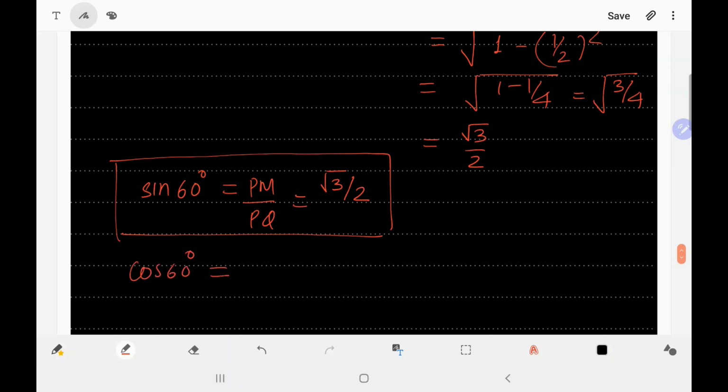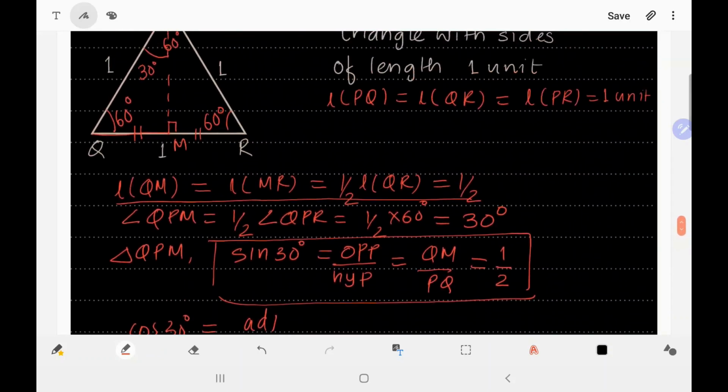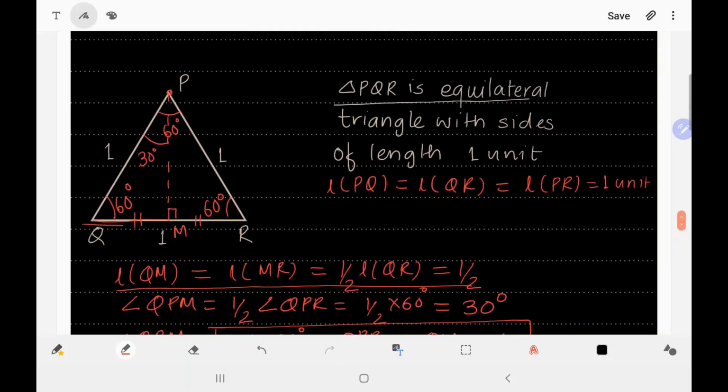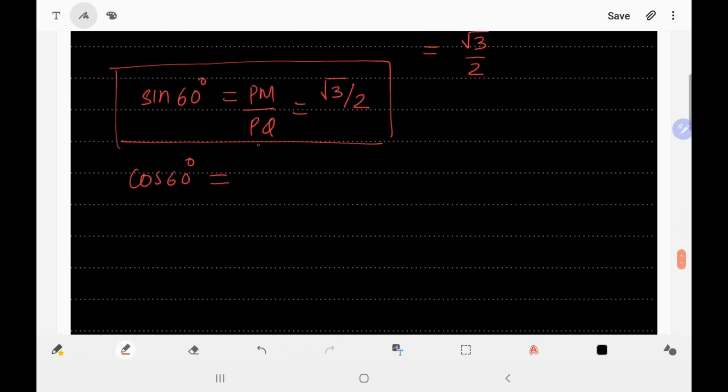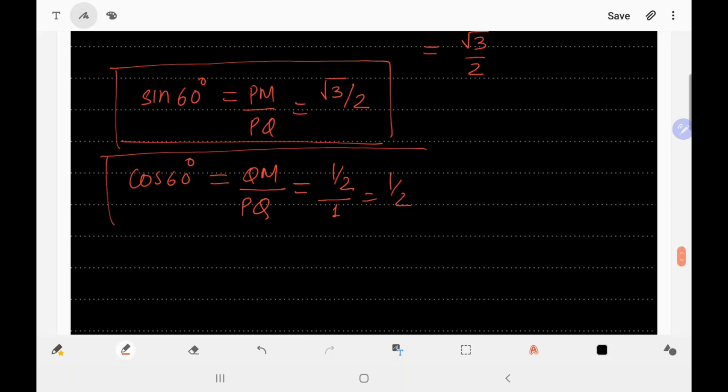Cos 60, using the definition, is the adjacent side QM upon hypotenuse PQ, which is half upon 1, which is nothing but half.